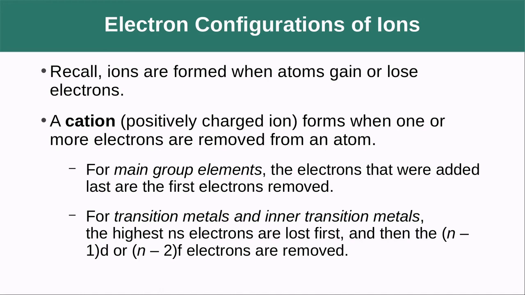So for main group elements, the electrons that were added last are the first electrons to be removed. For transition metals and inner transition metals, the highest ns electrons are lost first, then the (n-1)d or the (n-2)f electrons are removed. So first we're going to take off an s electron for the transition metals.